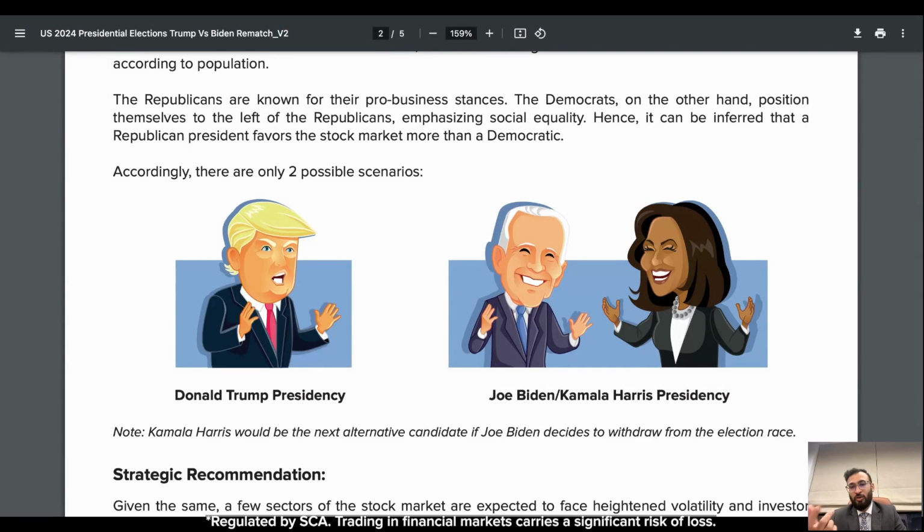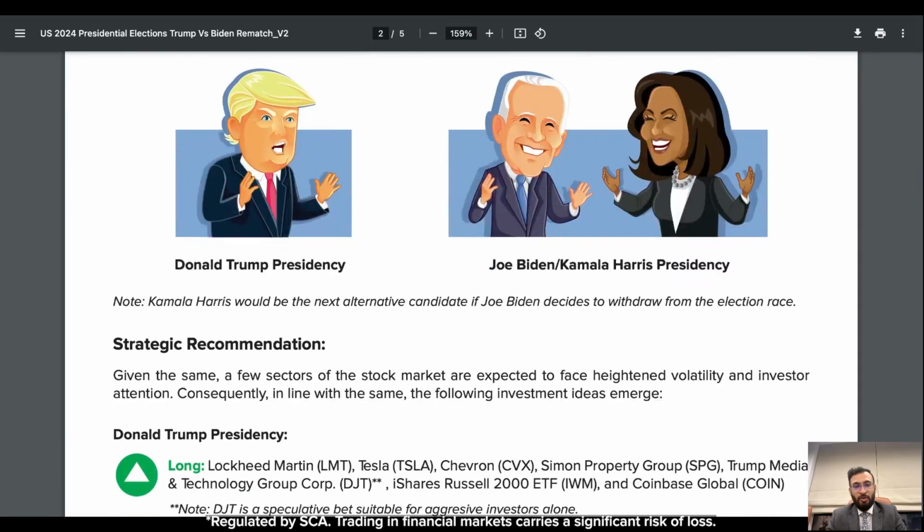They like to push the stock markets higher by constructing policies which favor the businesses. Democrats position themselves to the left of the Republicans, emphasizing more on social equality, right? So Republicans favor the stock market more than Democratic presidents. And there are two scenarios: either Donald Trump becomes the president or Kamala Harris becomes the president.